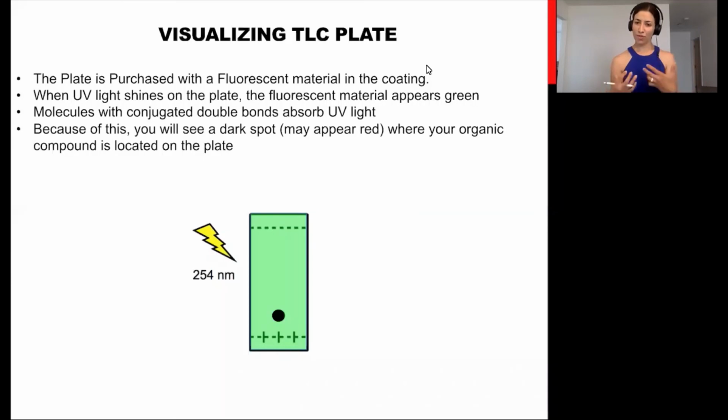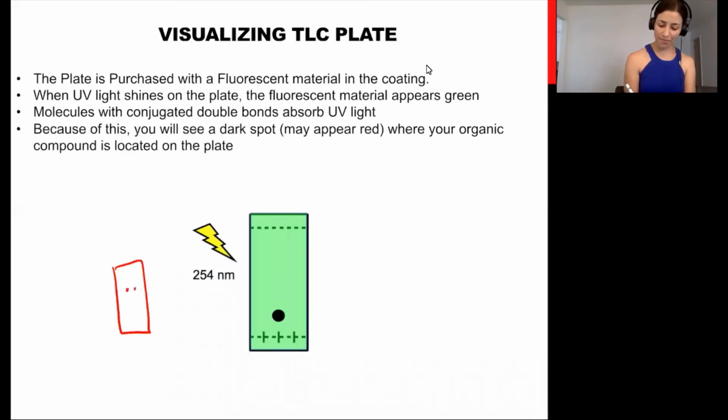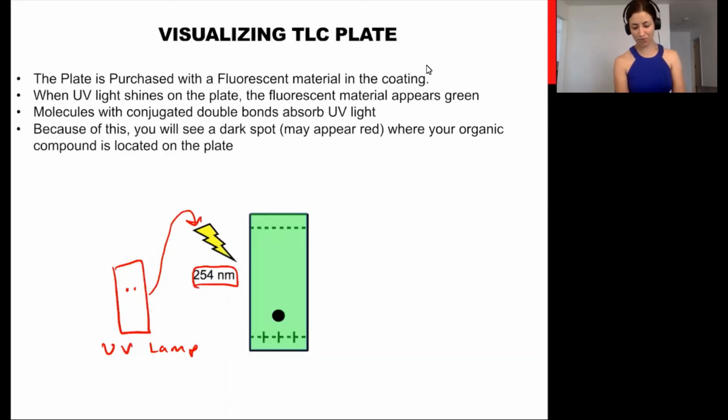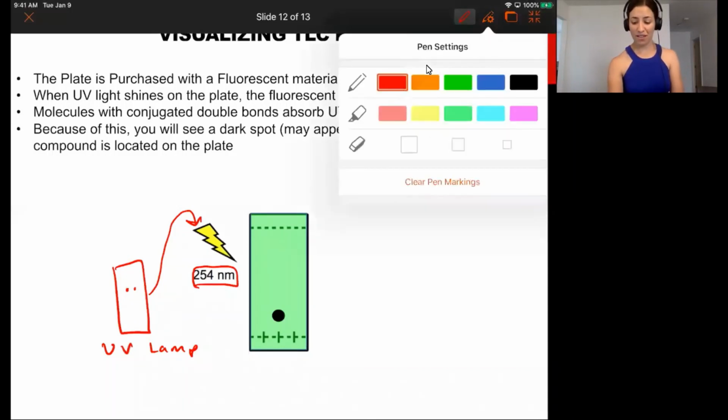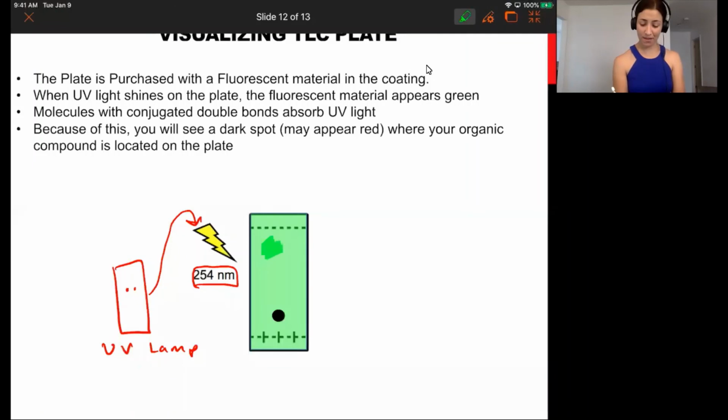And when we remove the plate from the chamber, we use a UV lamp that irradiates light of 254 nanometers. Okay, so this is what we call UV wavelength light. And what happens is the fluorescent coating on the plate shows up as kind of a neon green, okay? So the fluorescent coating gives off a neon green light.